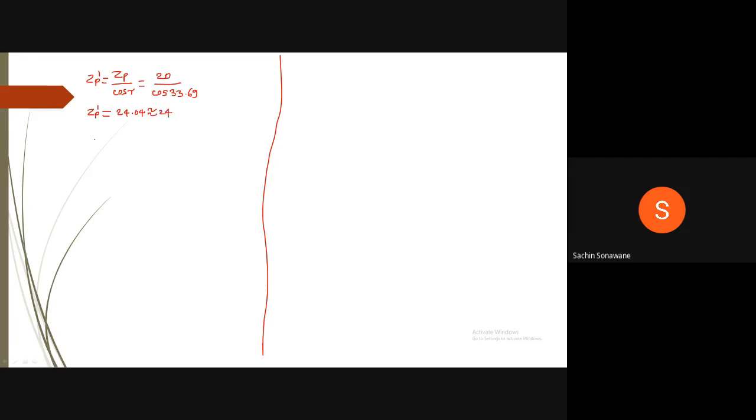Already they have provided Y in the problem, which is 0.33712. Now determine sigma b. Sigma b is equal to what? SUT divided by 3.